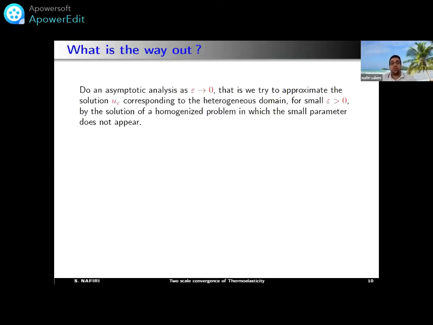So what is the way out? What do we have to do? We have to do an asymptotic analysis as epsilon goes to 0. That is what we do in general. We try to approximate the solution u_epsilon corresponding to the heterogeneous domain, for small epsilon strictly positive, by the solution of a homogenized problem in which the small parameter does not appear.